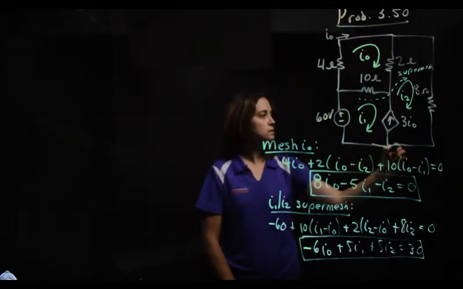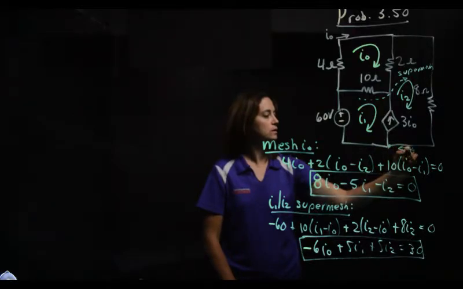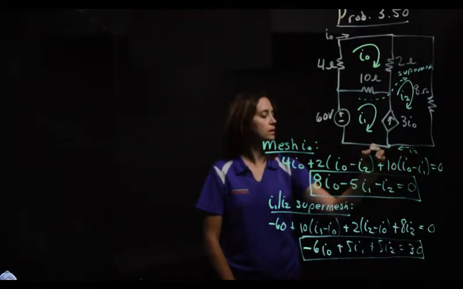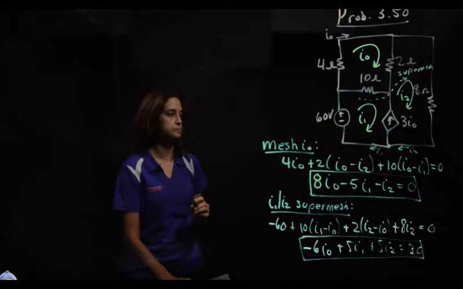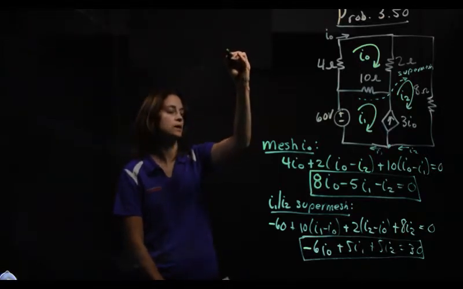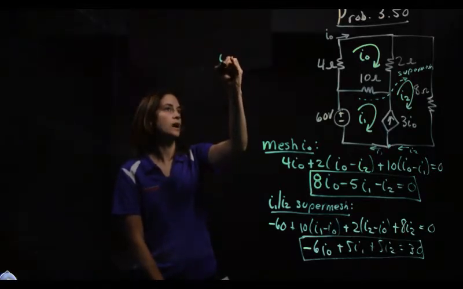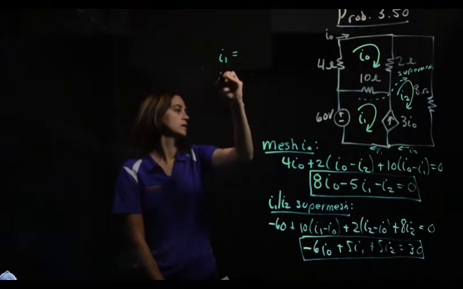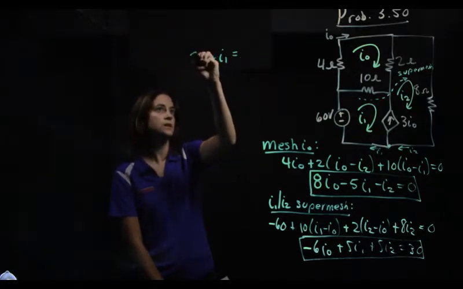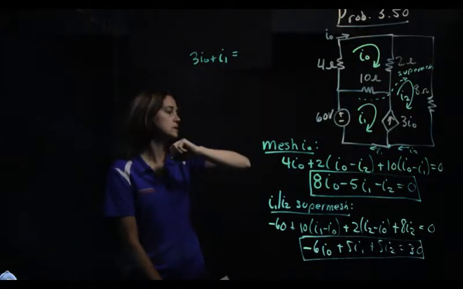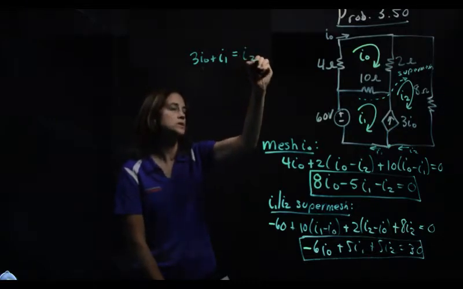I have 3 I0 leaving, I2 entering, I1 leaving. So my third equation for my supermesh is I1 leaving plus 3 I0 leaving equals entering, which is I2.